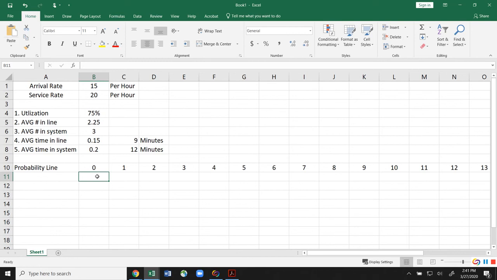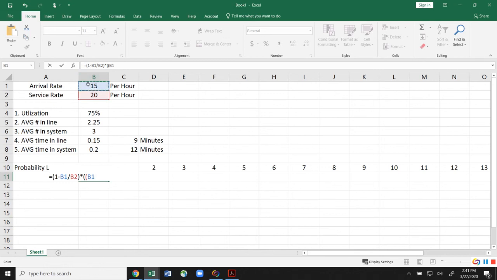So the formula for that is going to equal 1 minus divided by B2. Okay, very important, if I didn't mention this before, in the formula, even though the parentheses are next to each other, in Excel you do have to add the little times symbol here.